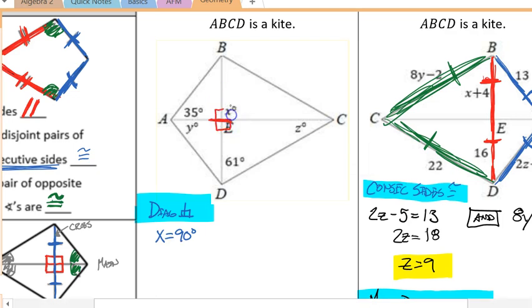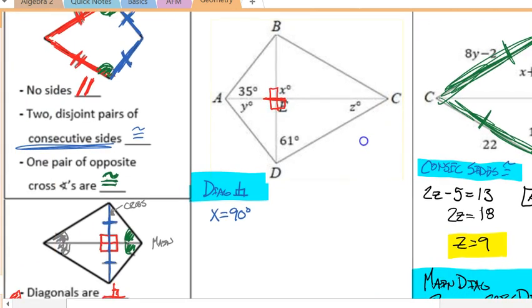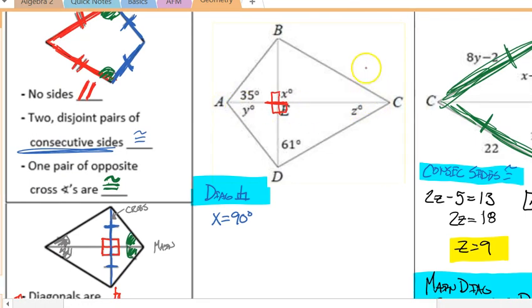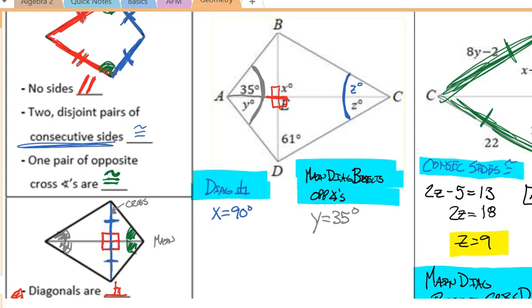Okay, well, we know that the main diagonal bisects these angles. So looking at this whole angle, we don't know what the value is, but we also know that this piece is 35. We weren't given it right off the bat, but I know that each of these pieces are congruent. So therefore, y is equal to 35 degrees.